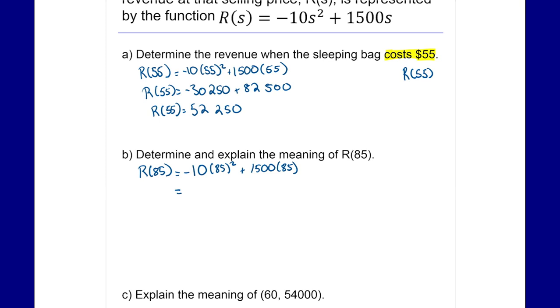Just going through and doing these calculations, we get negative 72,250 plus 127,500, and then combine these two together, we end up with $55,250. So what does this mean?